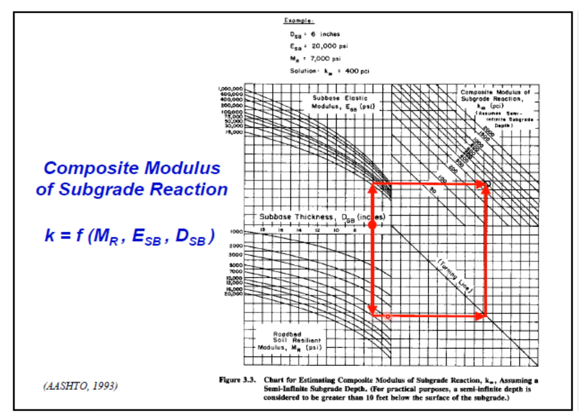Then move horizontally like this. This is the turning line. From this turning line we will move vertically in this way. From this point we will move horizontally. So the point of intersection will give you the value of the composite modulus of subgrade reaction. So in this way we can get the composite modulus of subgrade reaction by using this figure, which is figure 3.3.